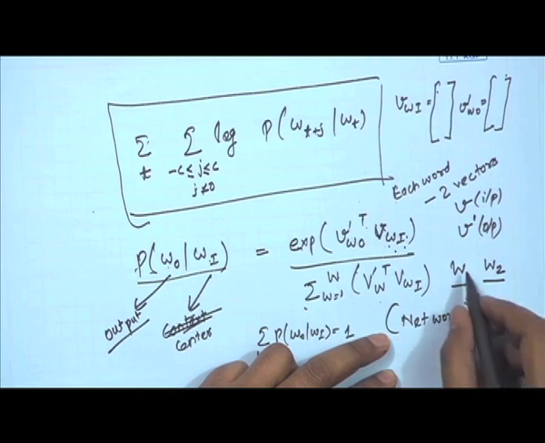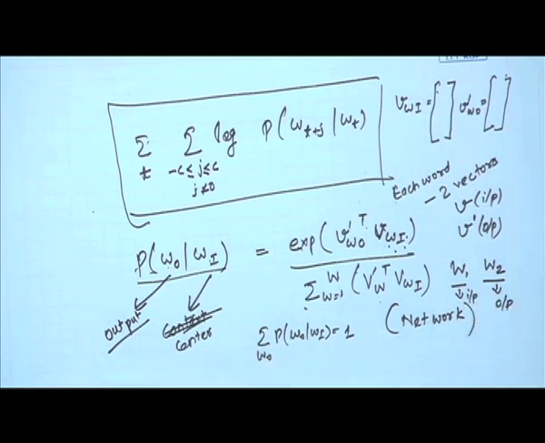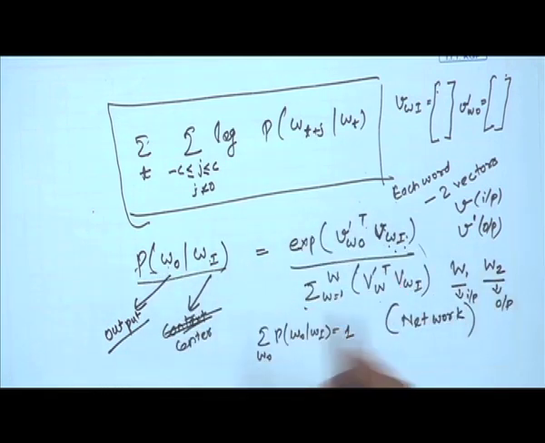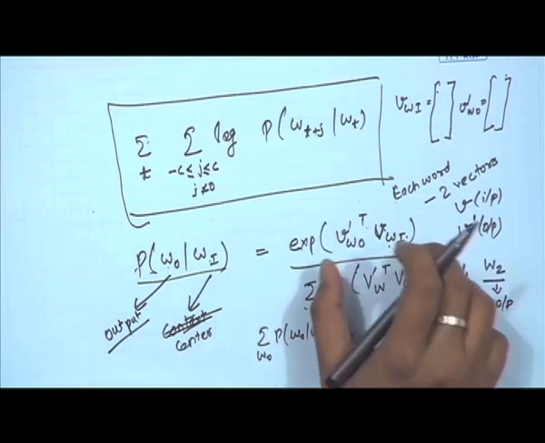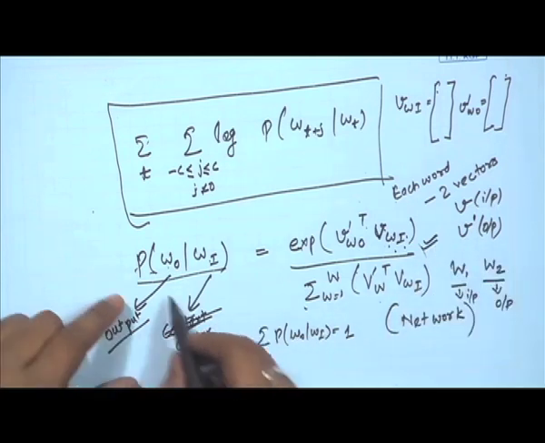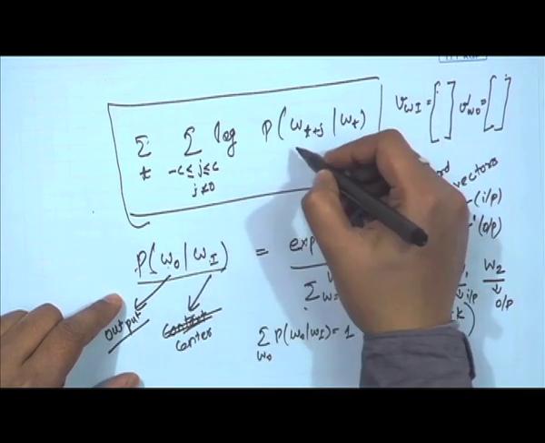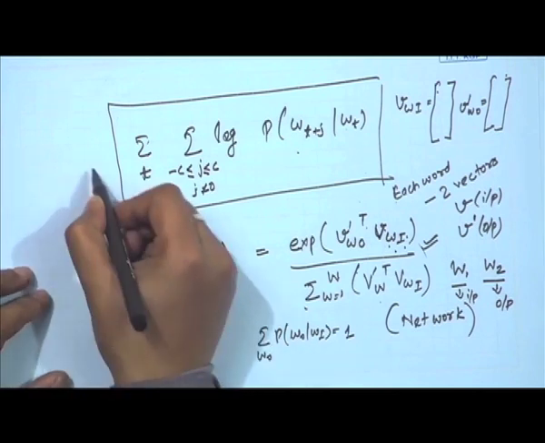Weight 1 corresponds to the input and weight 2 corresponds to output. Use this idea and see that by using the network also, by putting softmax over the output layer, you are getting the same form of this probability, and you will see that you are actually getting the same form. So now I have this formulation of W O given W I, and I put it here for all the words in my context, and this becomes my J theta.